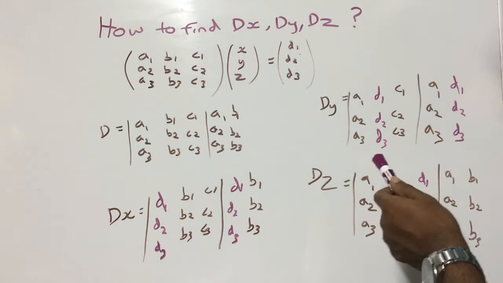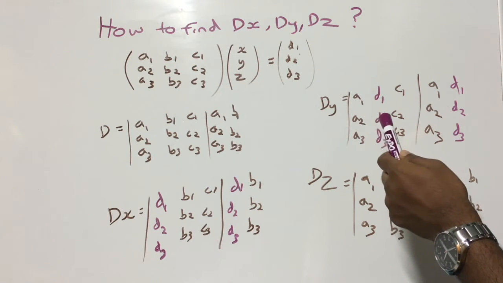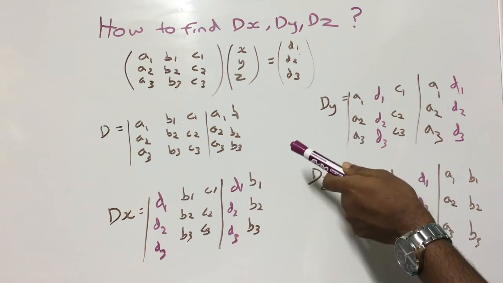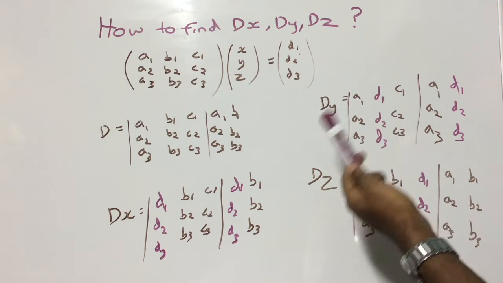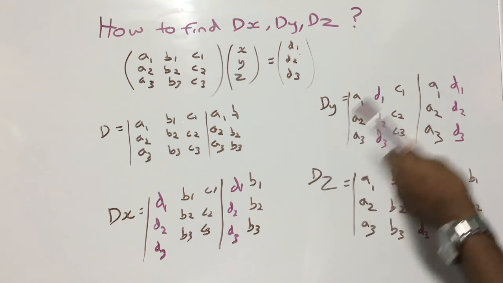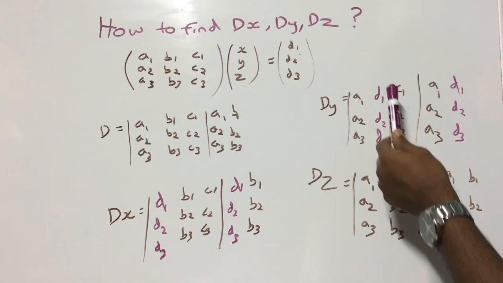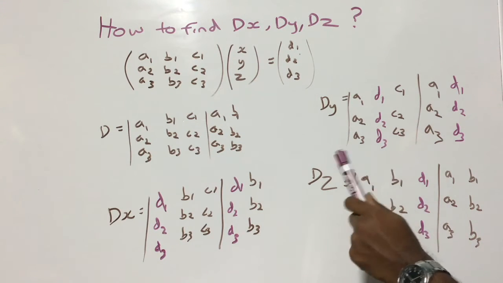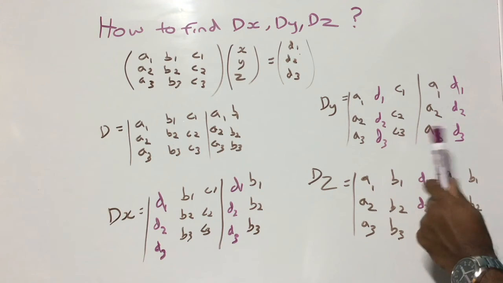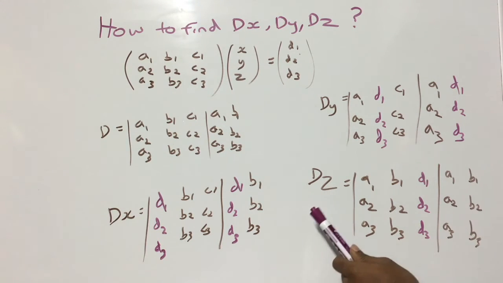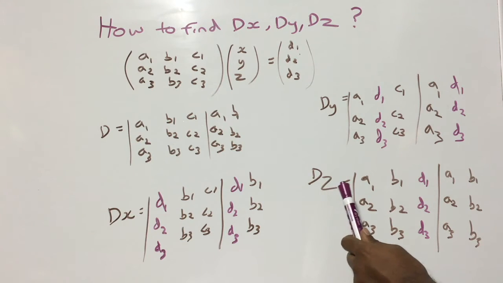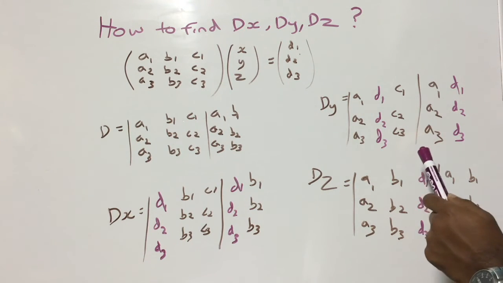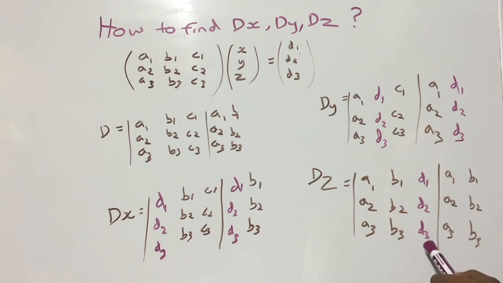Similar for dy, it is the same where the variables of the y column are replaced with the variables of the constants. So all the B's switch to these, and we just mirror the first two columns, and you solve the determinant as normal. Same with the z situation, right? You replace the z column with the constants, which is the D's, and you mirror the first two.